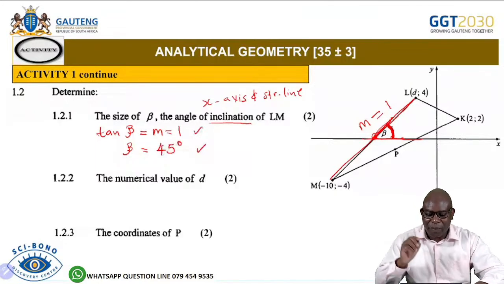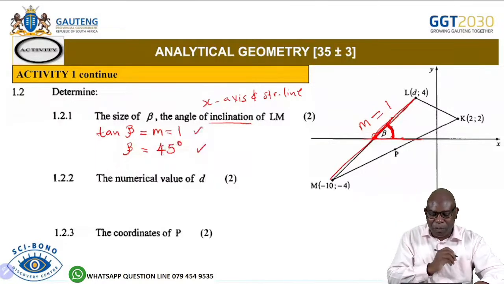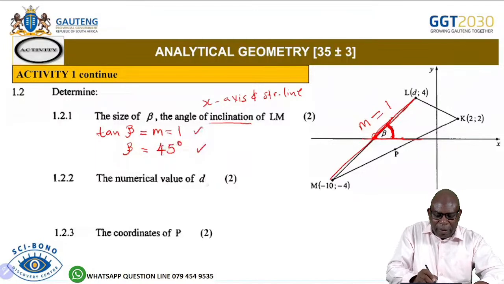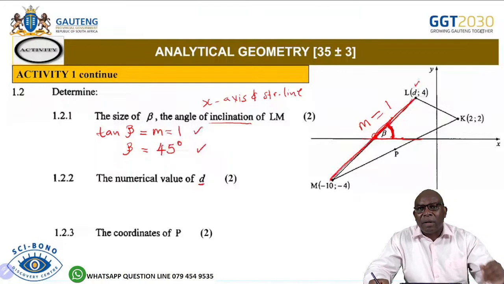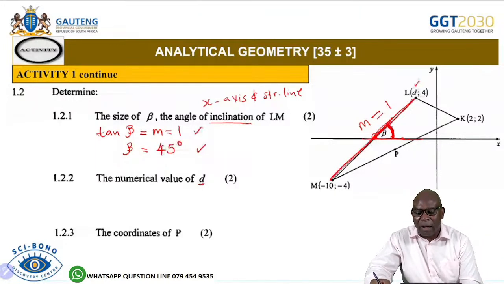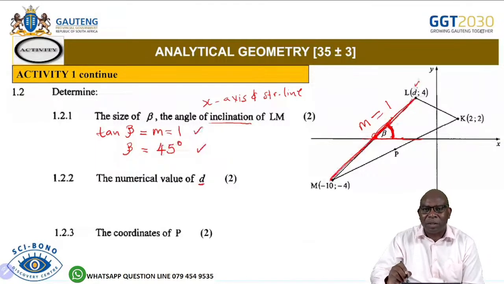Right, and these are easy questions that we have picked up there from the question paper. Write down the numerical value of d. I can see there's a d there, so that's why I could not get the gradient by using the points on the line, because now I must have the value of d for me to get the gradient by using the formula for the gradient.